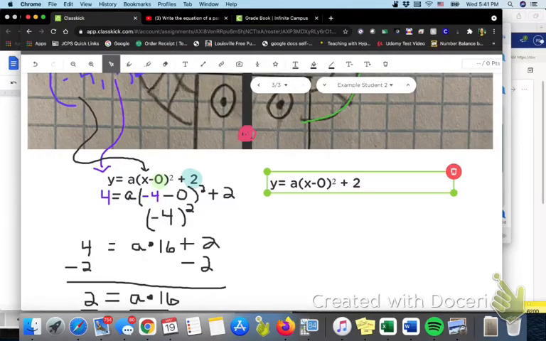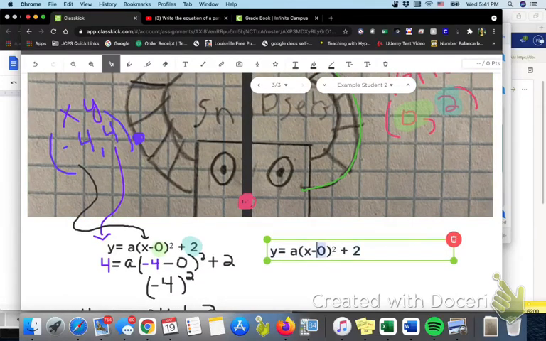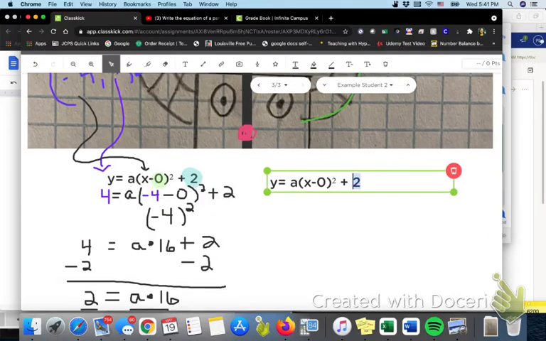Okay, so let's revisit that equation that we started off with a second ago. So we've got the vertex form of a parabola. I substituted in the 0 and the 2 because that was the x coordinate and the y coordinate from the vertex.